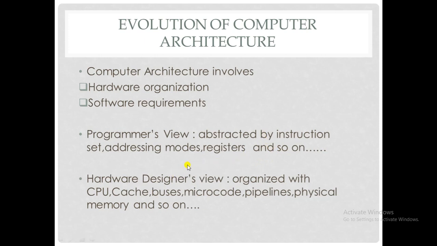From the side of hardware, it is organized with CPU, cache, buses, microcode, pipelines, physical memory, etc. So we can say that the study of architecture covers both the instruction set and the machine implementation organizations.